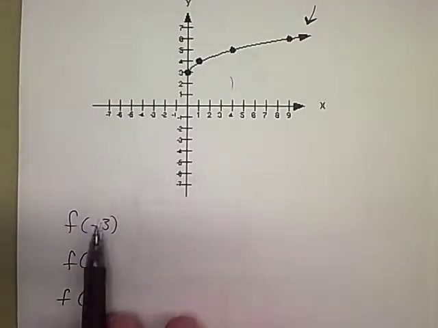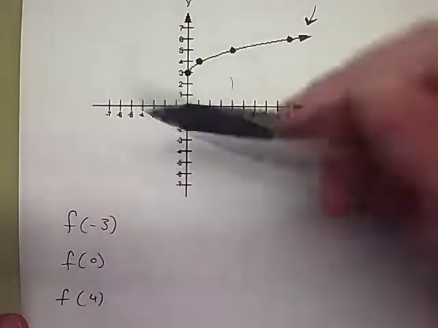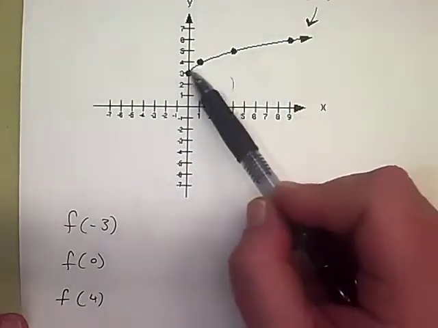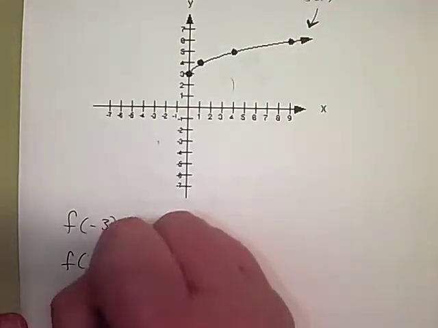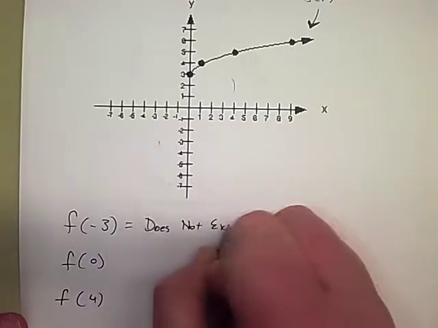Well, let's go to -3 along the x-axis. I go to -3, and I'm looking, what's the y value here? Well, the graph doesn't even go to the left of 0. So here, there is no y value. So this one does not exist.